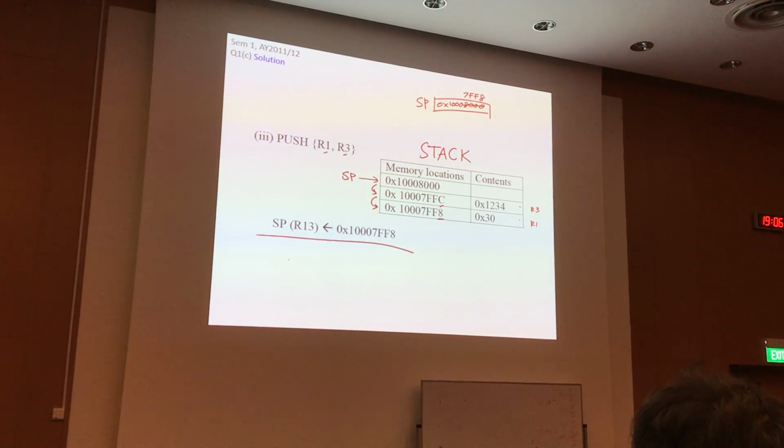So don't forget that the stack pointer now points here. It always points to the top of the stack, the last value that went in. The stack pointer pointing there is the same as saying that the value in the SP register is this value. Okay, so that's some simple questions.